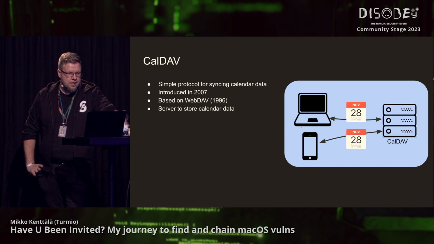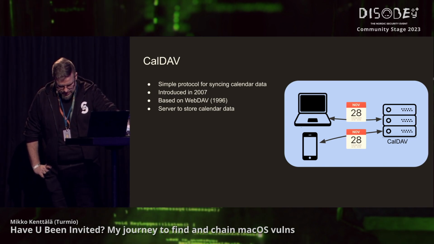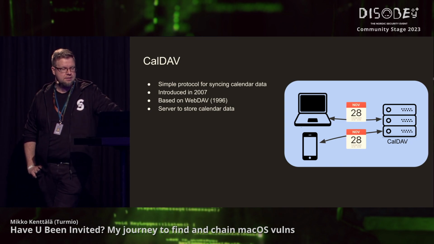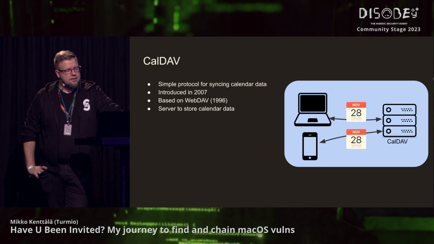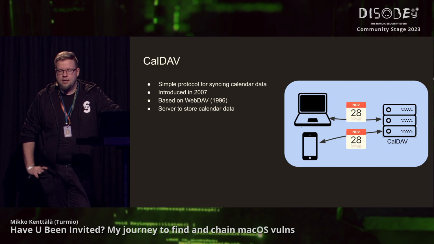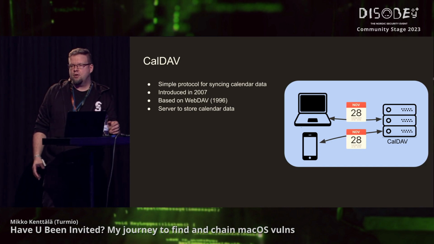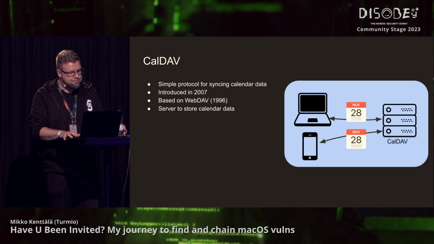There are specific things in the protocol for notifying the user that there's a new event coming. But basically, CalDAV is syncing those ICS files to the server and from the server to all the clients. Rather straightforward, and once again, it's good for testing purposes also.